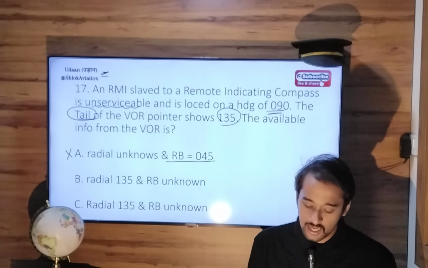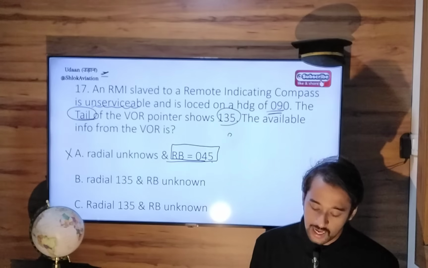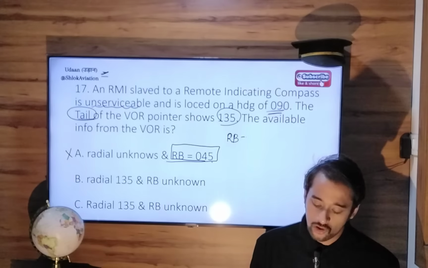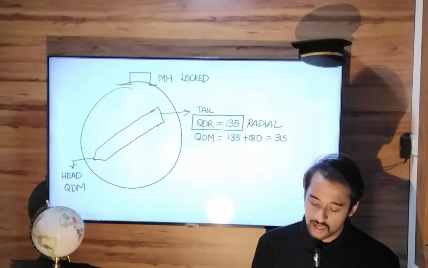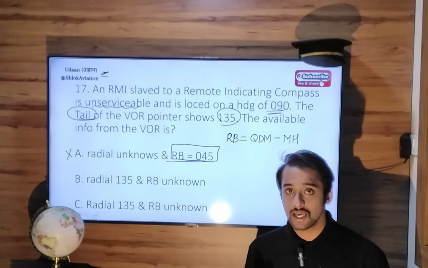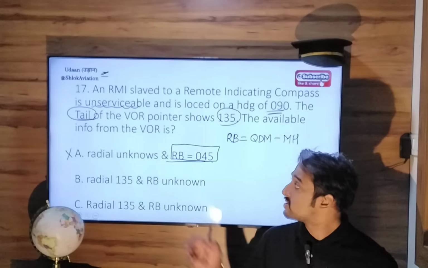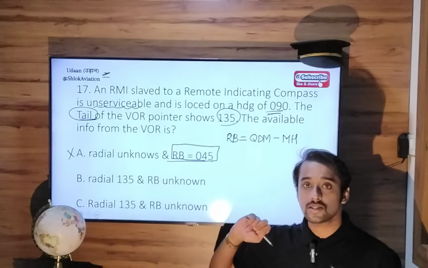Also, it states that relative bearing is 045. Now, relative bearing can be obtained from QDM minus magnetic heading. We do know the QDM, which is 315. But what we don't know with certainty is our magnetic heading, which is locked because the magnetic compass has become unserviceable.